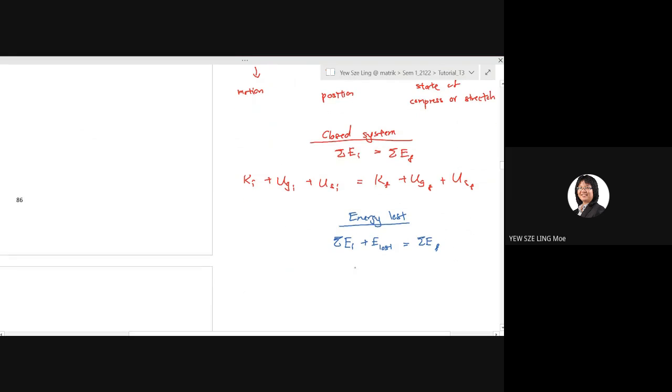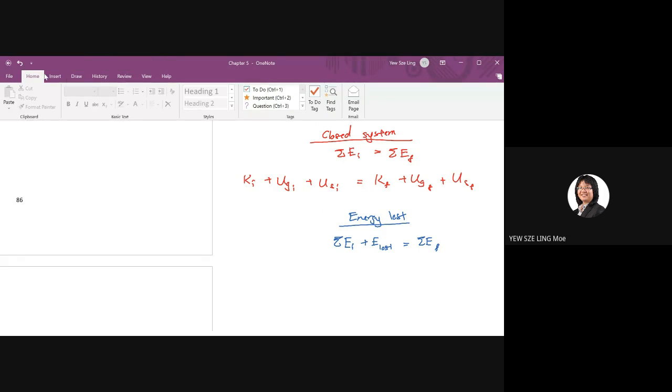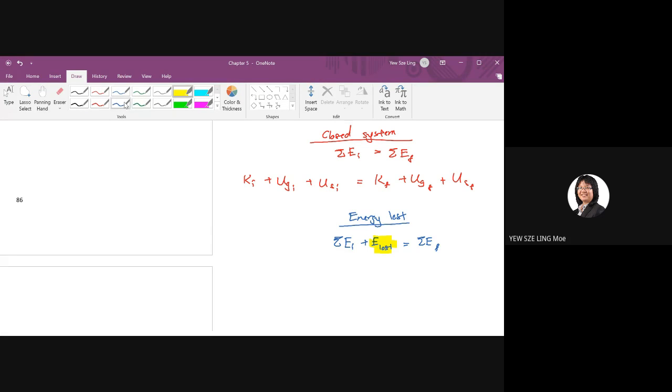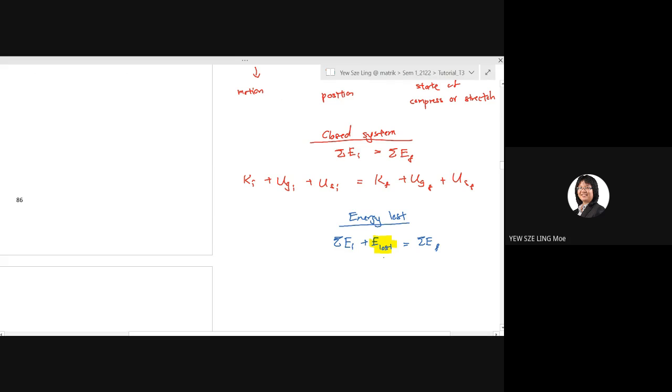So when it comes to this equation, what does it mean by energy loss? Now we're going to focus more on energy loss. Energy loss in our syllabus often refers to work done by frictional force.